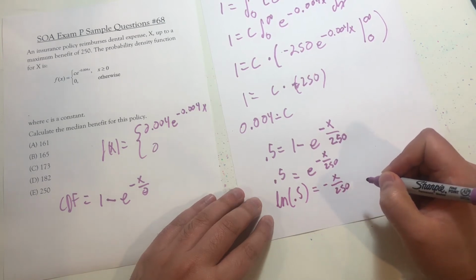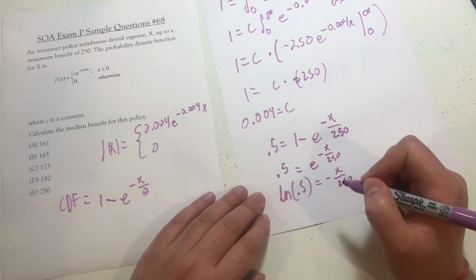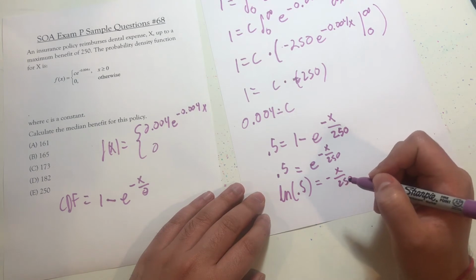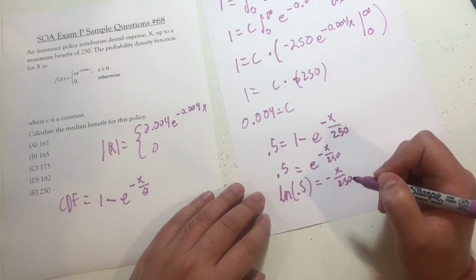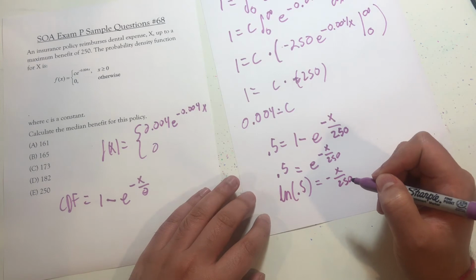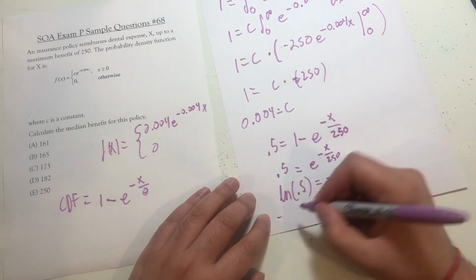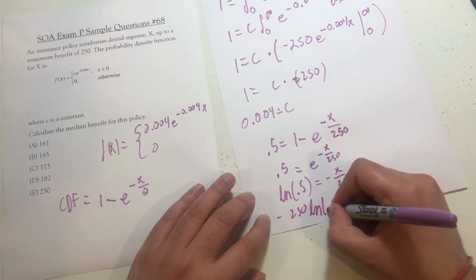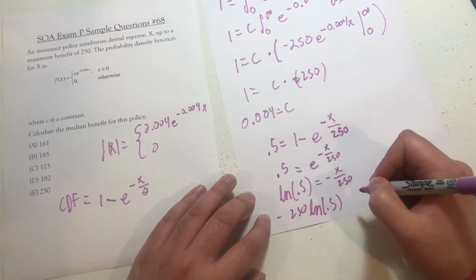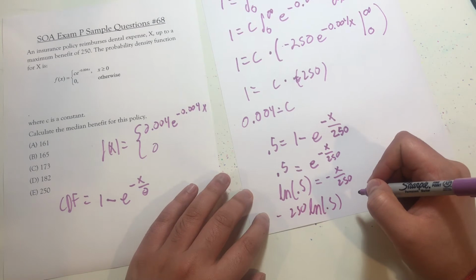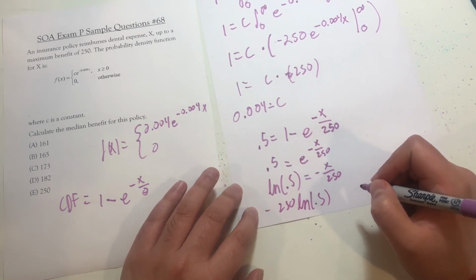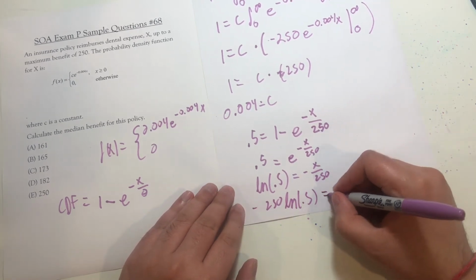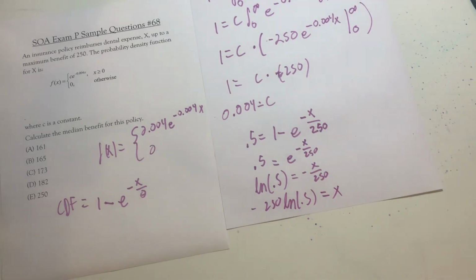Multiply 250 to both sides and throw a negative up front. So this becomes negative 250 times the natural logarithm of 0.5, and that's equal to x.